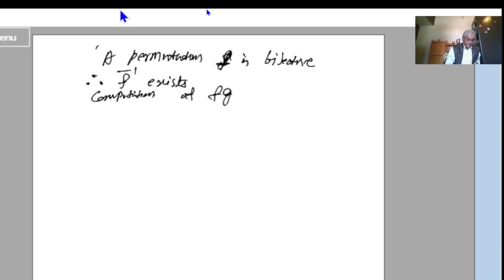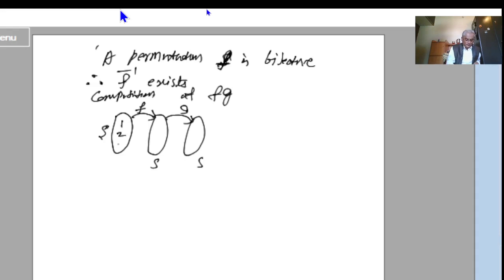Composition of F and G. Here we first write F. This is our S, this is again S, this is again S. F is from S to S, and G is from S to S. So here we have 1, 2, 3, and here 1, 2, 3, and here also 1, 2, 3. In F, 1 goes to 1, 2 goes to 2, 3 goes to 3.